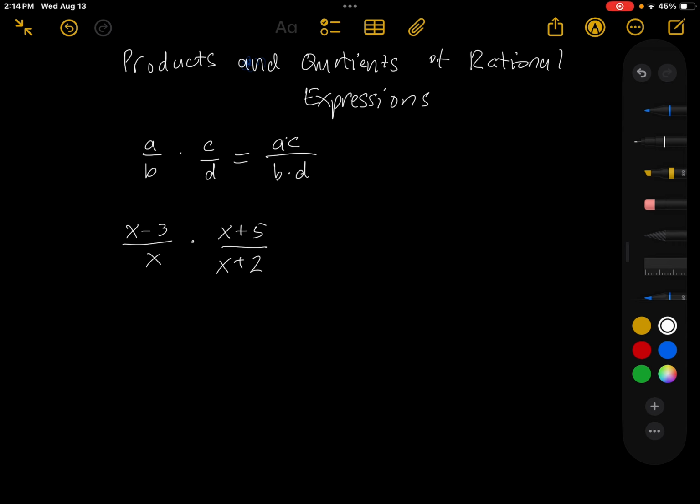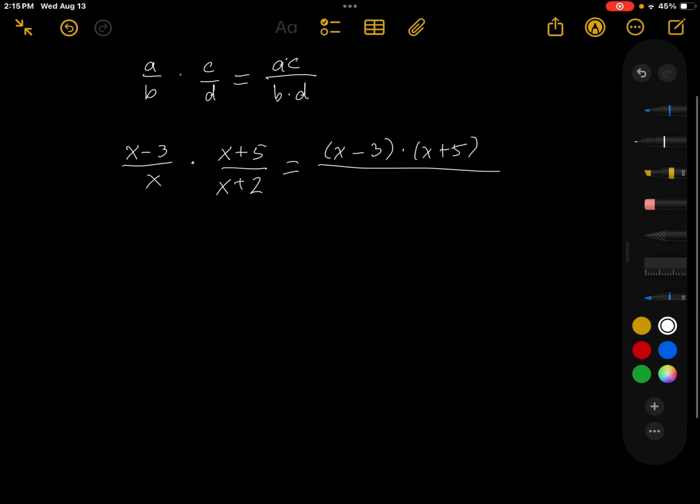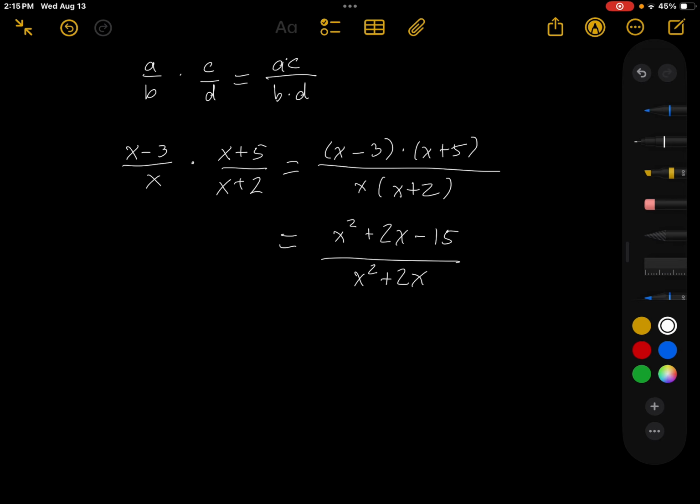So this is going to be equal to what I get when I take the two numerators and multiply them, divided by what I get when I take the two denominators and multiply them. And let's distribute the top. What do you get? I get x squared plus 2x minus 15 on the top, and on the bottom I get x squared plus 2x.